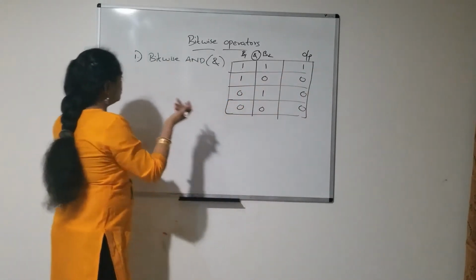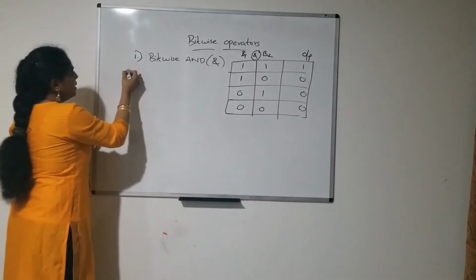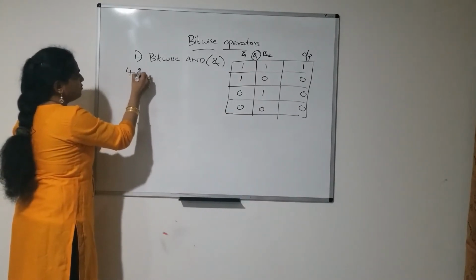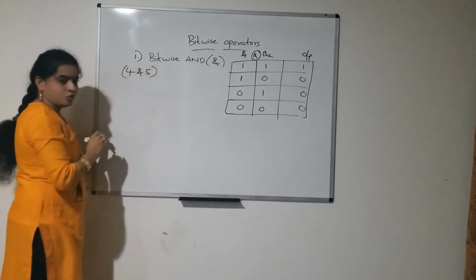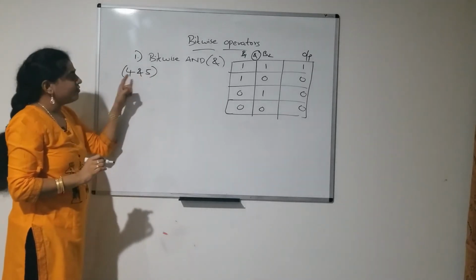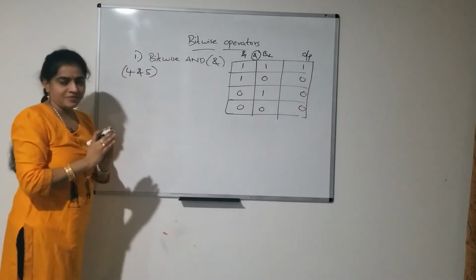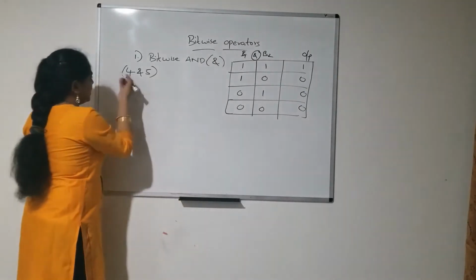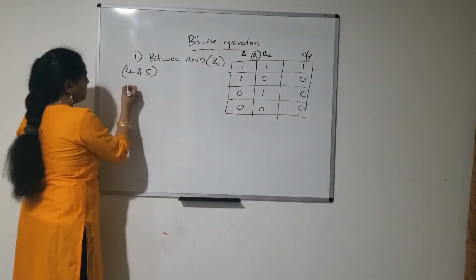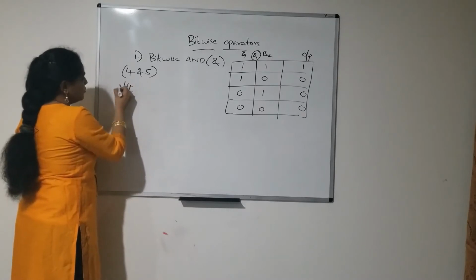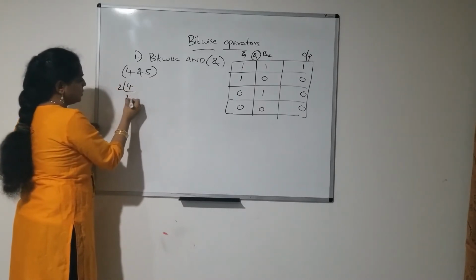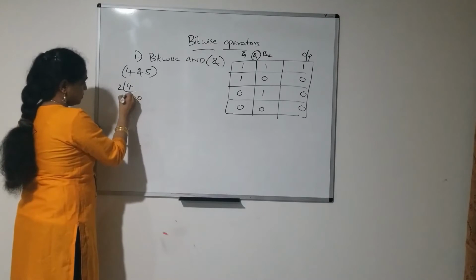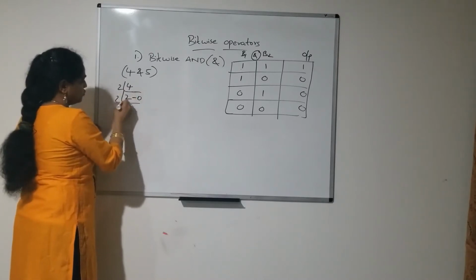Suppose I want to perform a bitwise AND operation between 4 and 5. These are 2 integer numbers, so first I have to convert them into binary. For 4, divide by 2: 2, remainder 0, again divide by 2: 1, remainder 0.